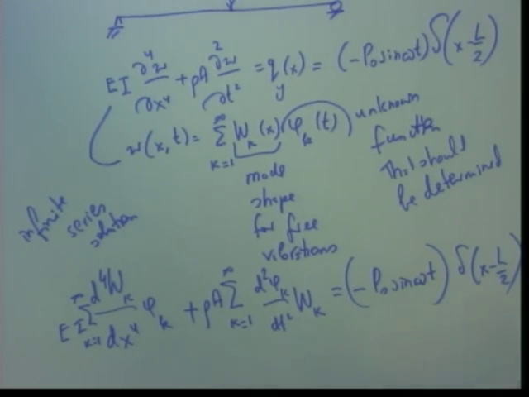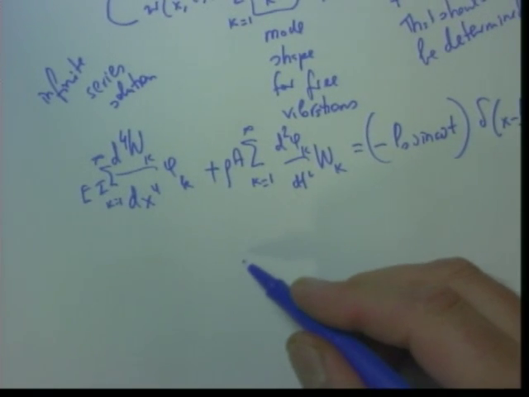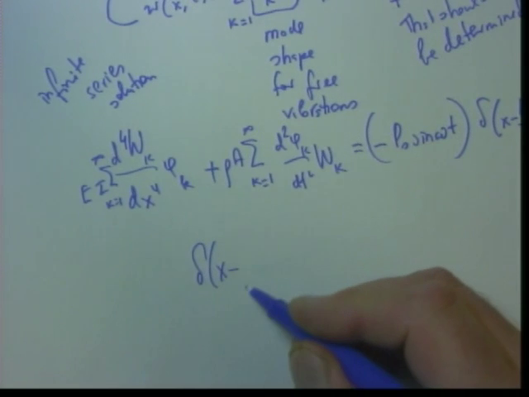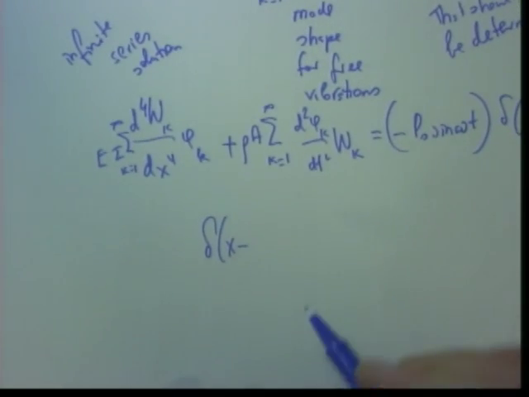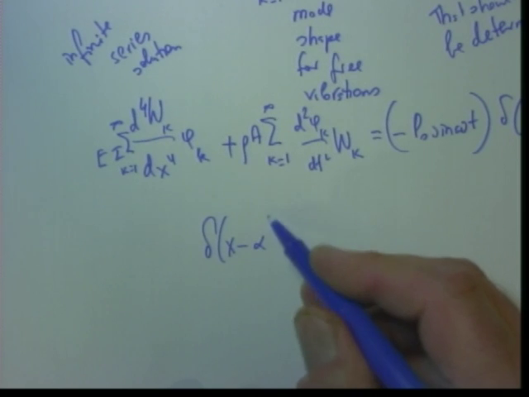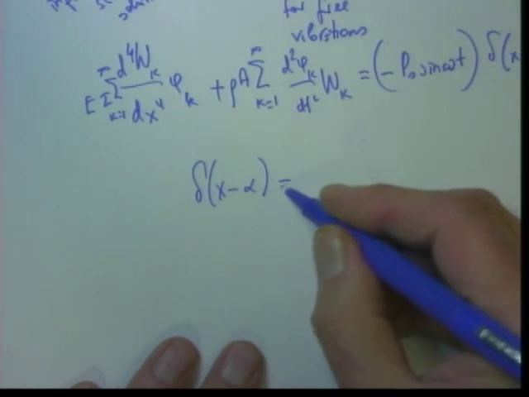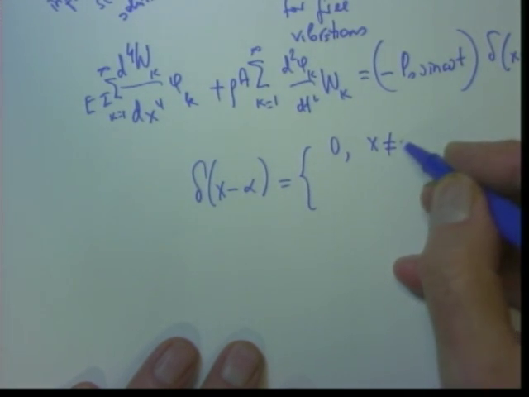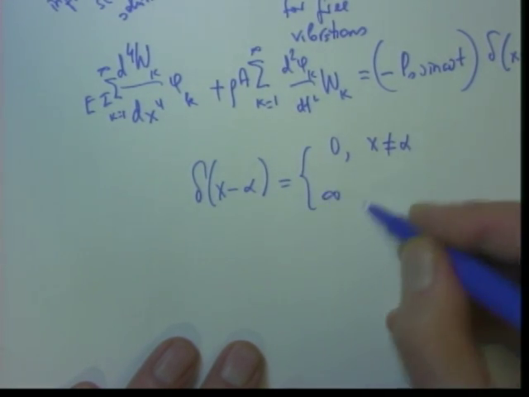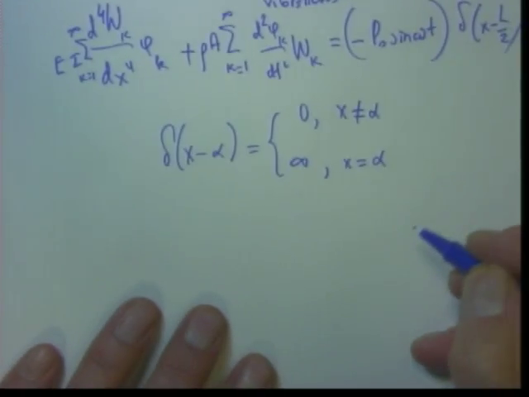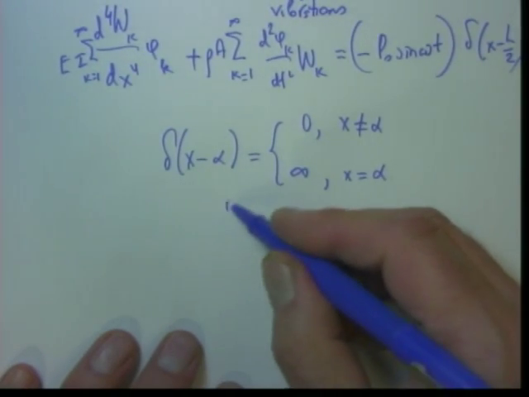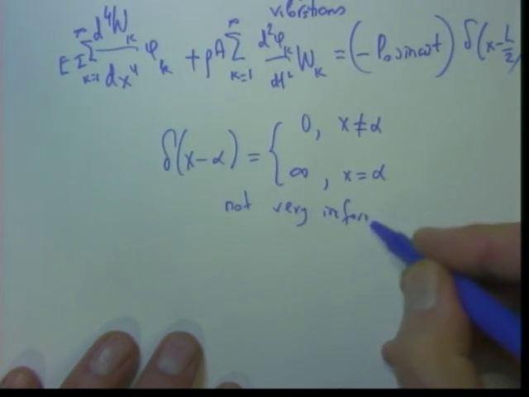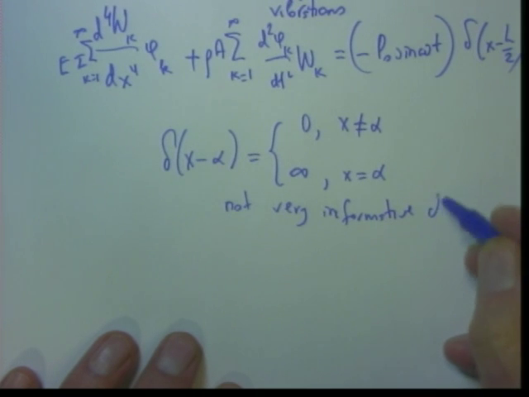Okay, so then we said that now we talked about the delta function of x minus a, or x minus alpha. This delta function is a function that equals 0 if x does not equal alpha, and goes to infinity when x equals alpha. But this is not very informative.